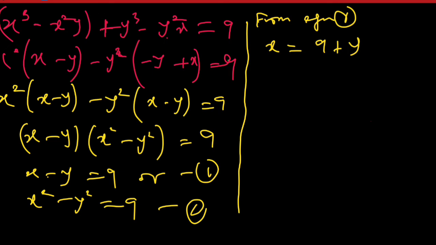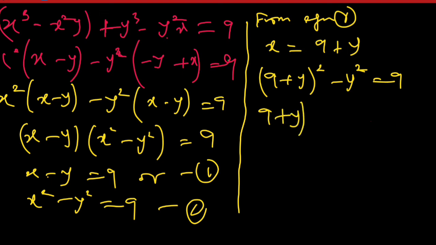I'll be having x square minus y square, instead of that, I'll be having (9 plus y) squared minus y square equals 9. Expanding this equation, we have 9 plus y multiplied by 9 plus y, minus y square equals 9.